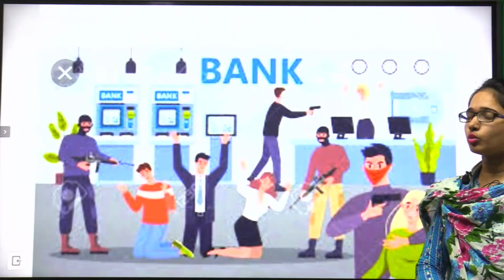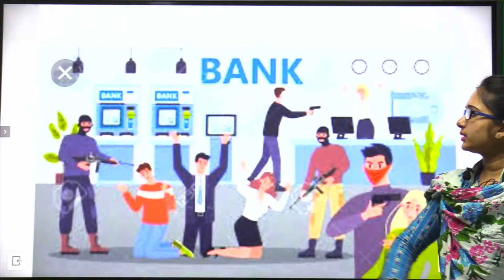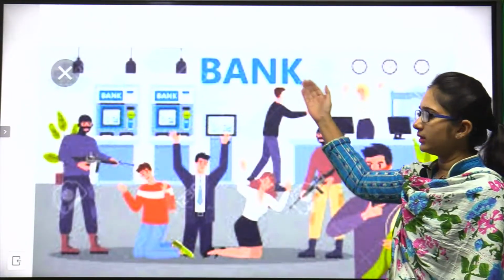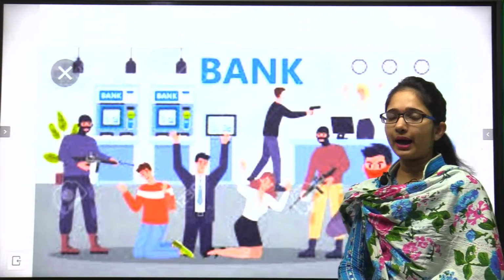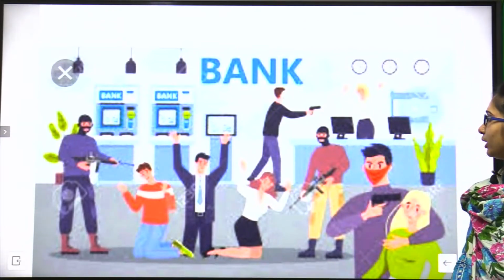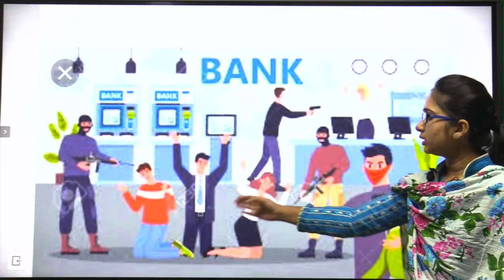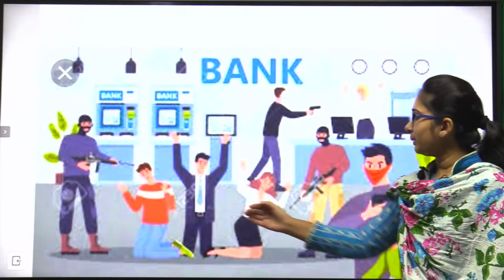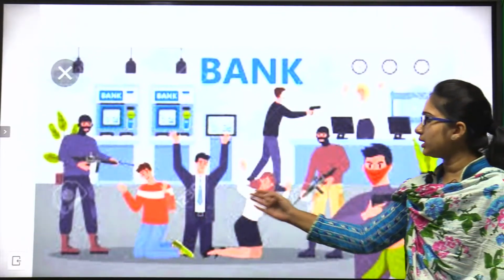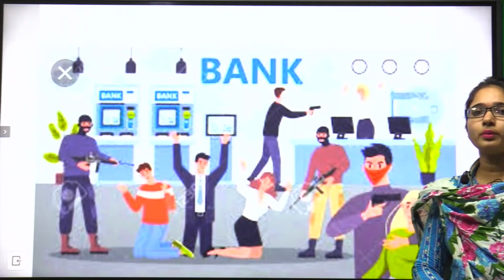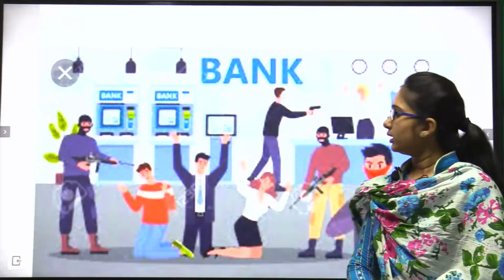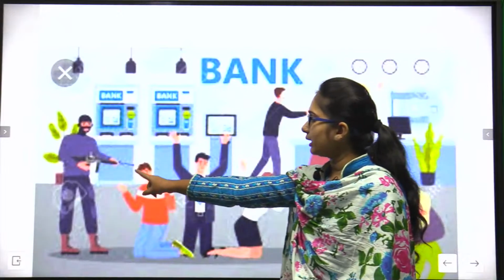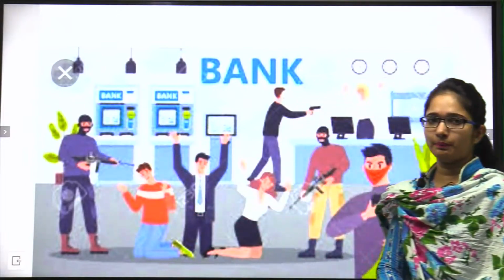In this image, what they are showing you is a bank. Everyone who is there in the bank, two, three people, the manager, and some robbers and dacoits are there. They are holding the gun on the head of these people.